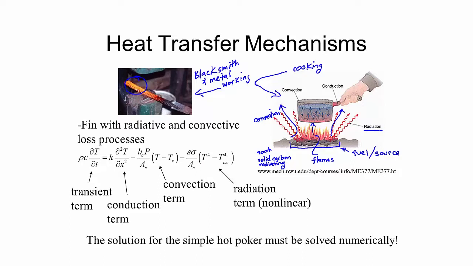And so we set up this convection current where these hot gases rise, and these hot gases transfer heat as they flow over this pot to the pot itself. And so we get convection and radiation as heat transfer processes from this fuel burning process to this pot.